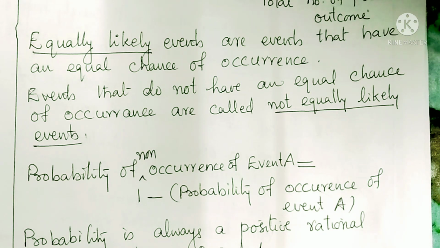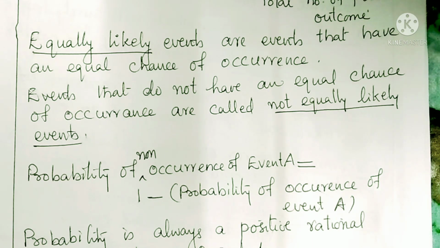Now, what is the chance of getting a 7? There is no chance. So the probability of non-occurrence of an event, it not happening, is always equal to 1 minus the probability of occurrence of event A. That means, what is the possibility of not getting 1?